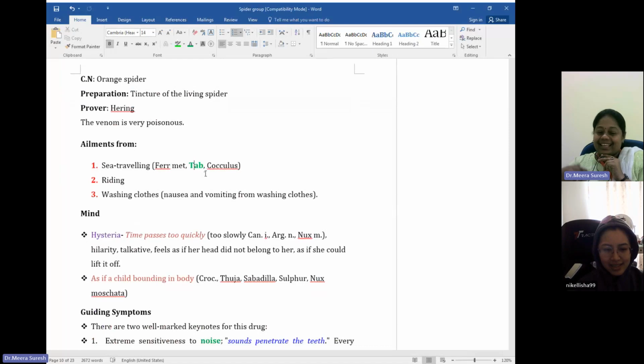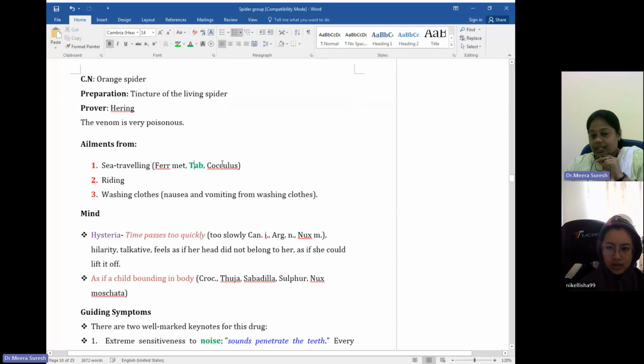After that, because it was acting for me, I never tried to give Theridion or the snake remedy. I always give Tabacum, because it is always told that whenever we are taking an animal remedy, we need to be very careful. We need to be very sure that the medicine is indicated. Otherwise, just stick with the plant remedy. So I just stick with Tabacum.